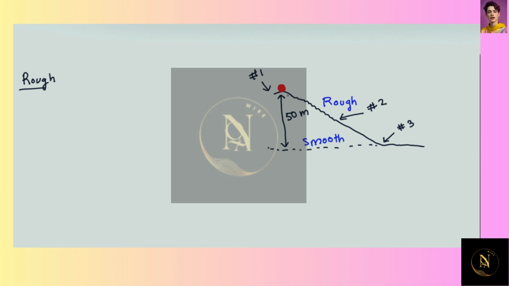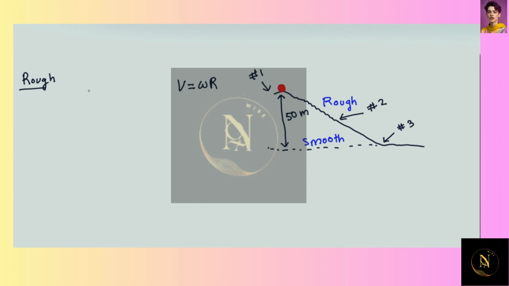Let's first see what happens to the velocity. Since it's a rolling without slipping condition, velocity v will be omega times r, where omega is the angular velocity and r is the radius of the boulder.